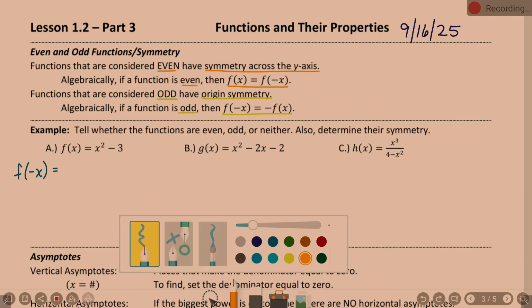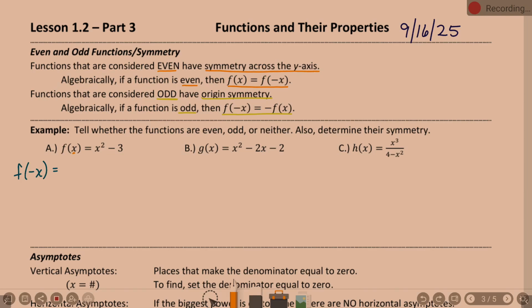Every place I see an x, we're going to replace it with negative x. Does that sound familiar? You repeated before I even said it, like you kind of have heard me say that before. So, okay, it's x squared. I'm going to replace that x with negative x raised to the second, minus 3.